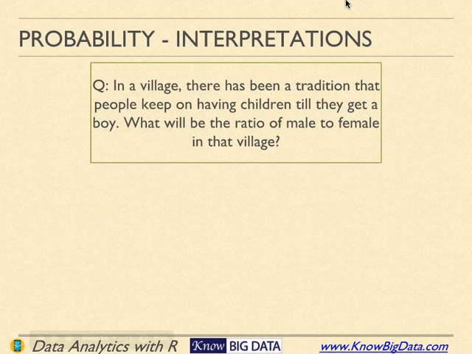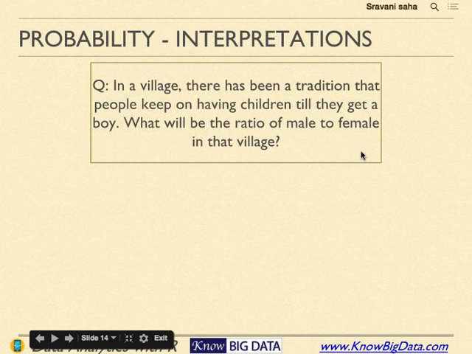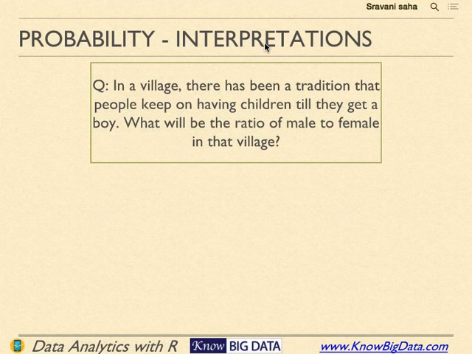If there are, say, 100 people, or let's just take one person, what would happen? Ratio of boys will be more than girls.